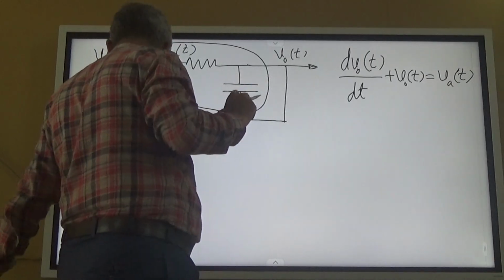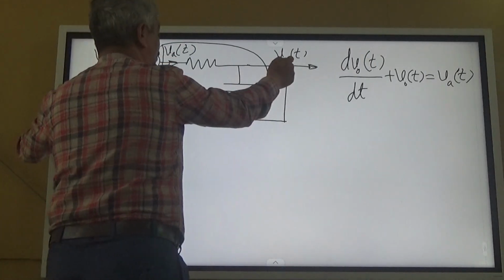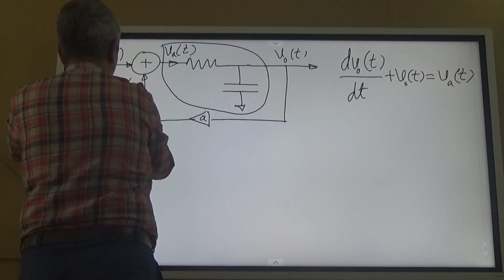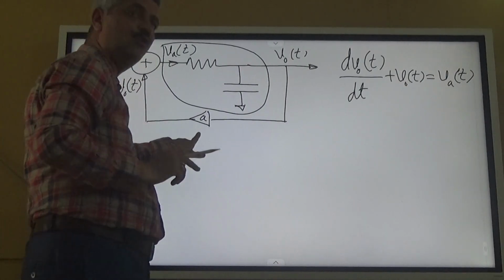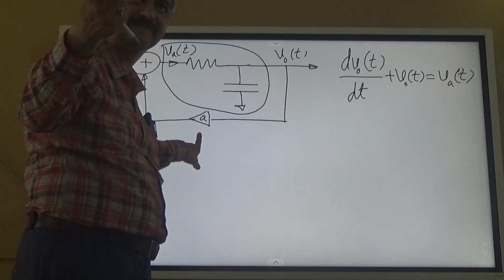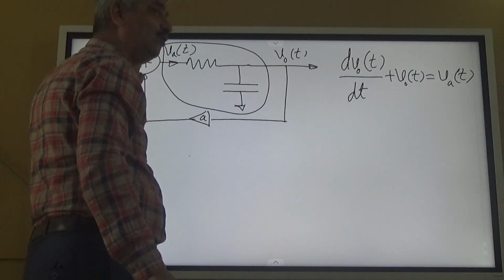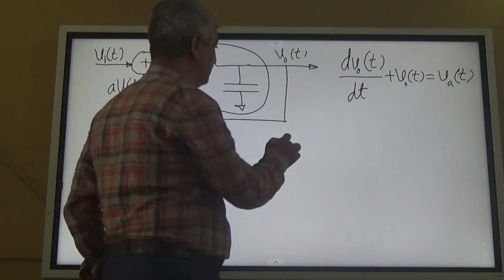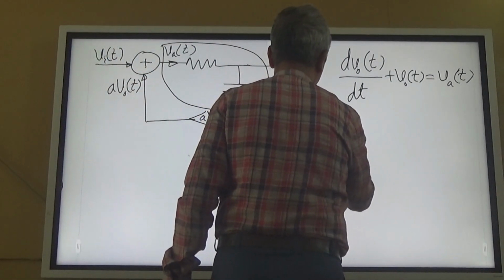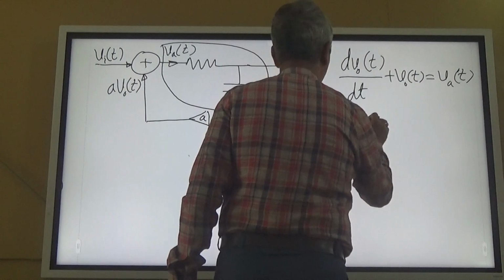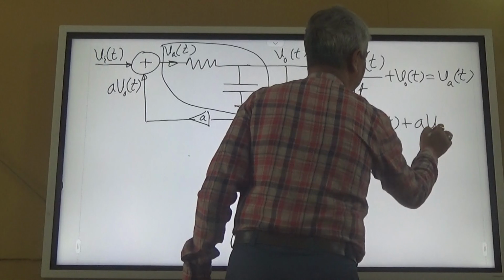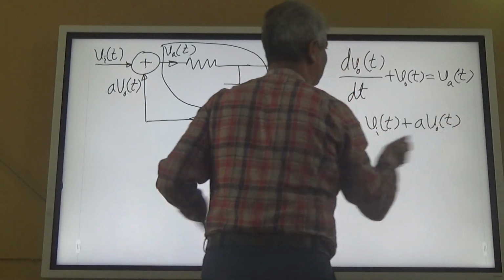So now how do we proceed? This is Vout. For this device, we know that output is A times input. And for the adder, we know that Va(t) is equal to Vin(t) plus A Vout(t).